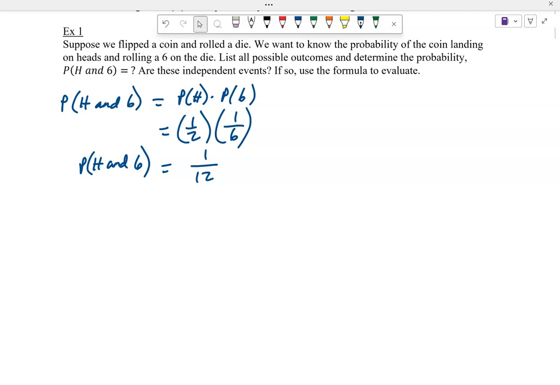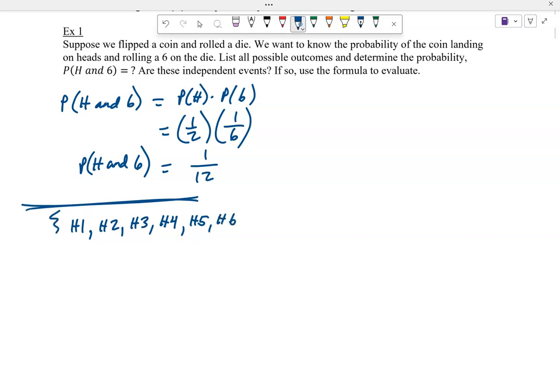Now this scenario, you could probably visualize this by just writing out all the possible outcomes. You could flip a coin and get a heads and a number 1. You could flip a coin, get heads and a 2. You could flip a coin, get a heads and a number 3. Flip a coin, maybe you get number 4. Flip a coin, you get a heads and a 5. Flip a coin, get a 6, right? Now, what if you got a tails with a 1?